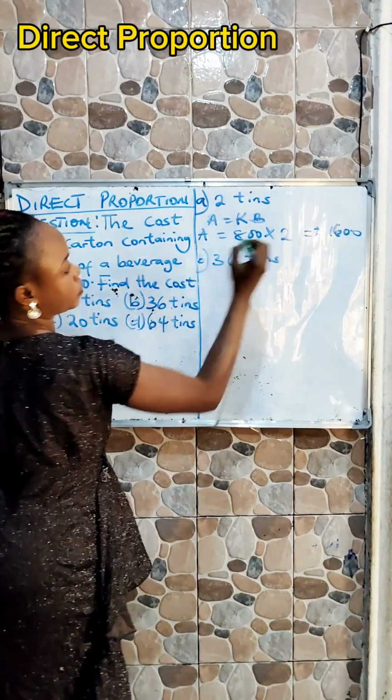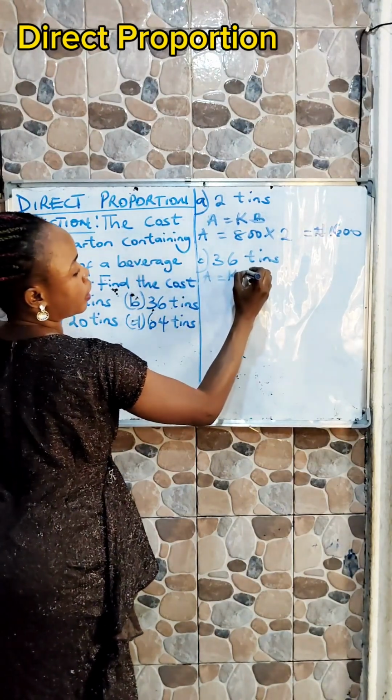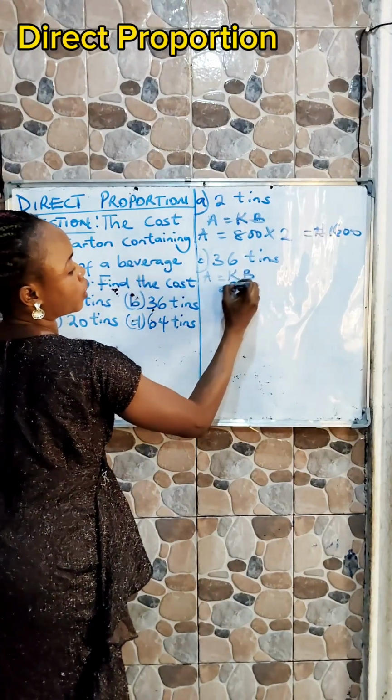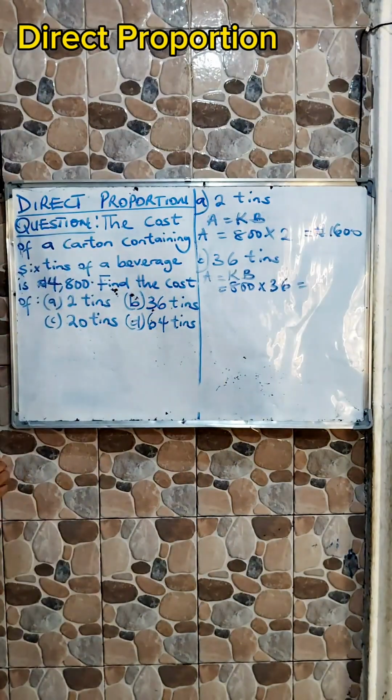Now, for the B part, we have 36 things. Amount is equal to KB, which is equal to 800 multiplied by 36.